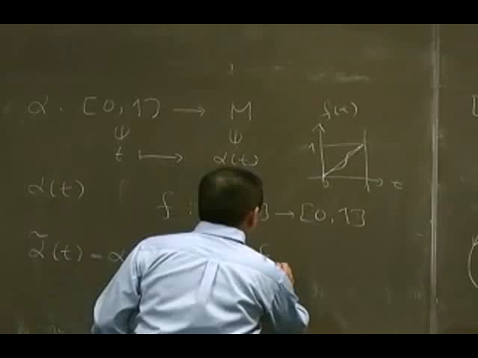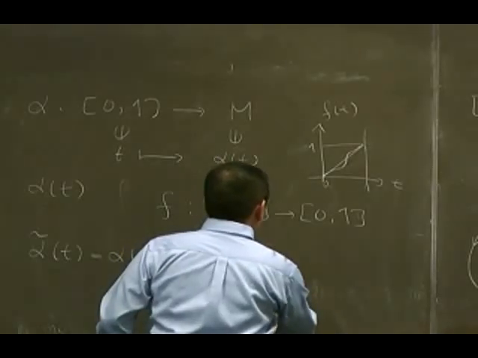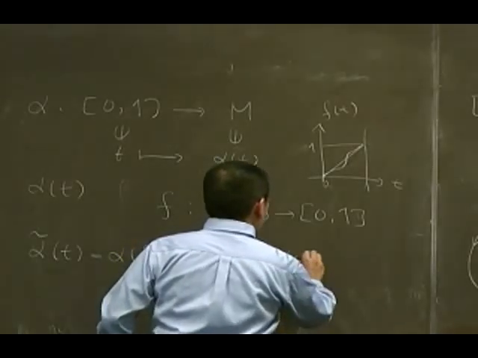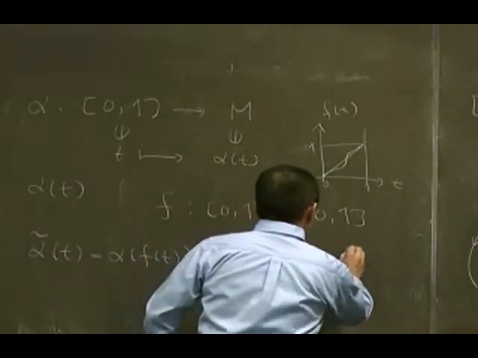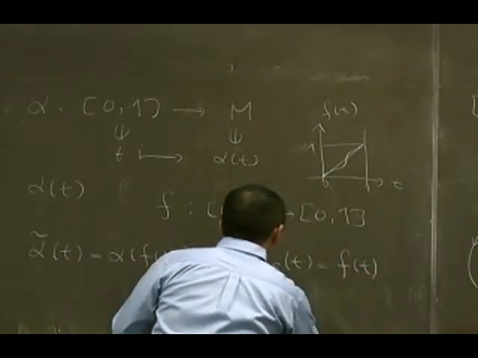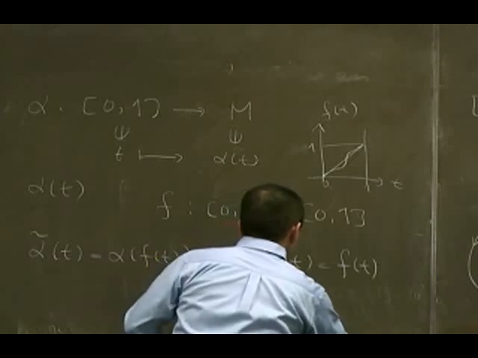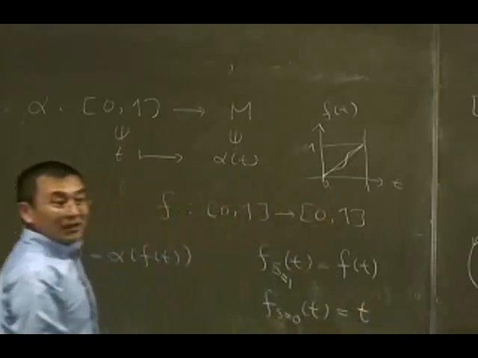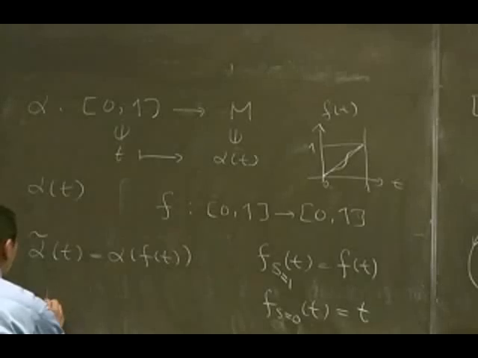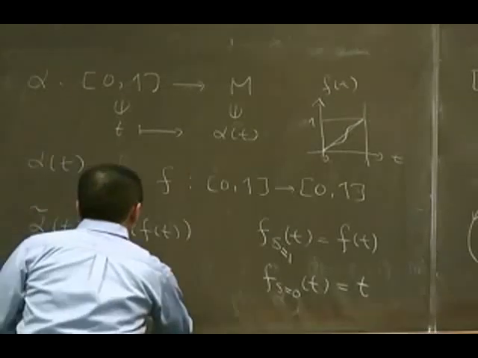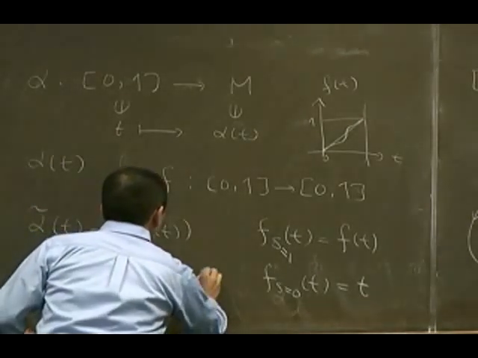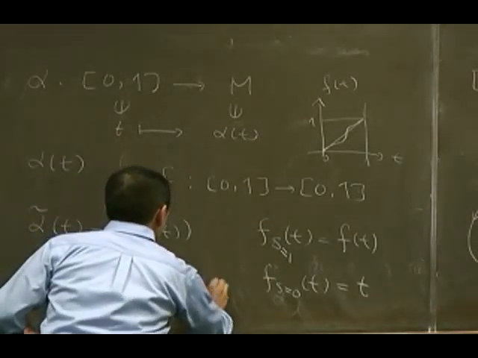More carefully, what it means is that there is a family of maps, f_s of t, so that at s equals 1, it is the same as the original map. At s equals 0, it is just the linear map like this. Then I can define H of t, s to be alpha of f_s of t.